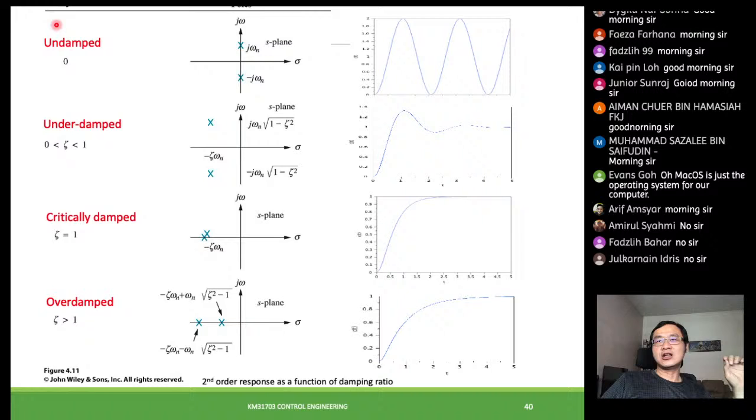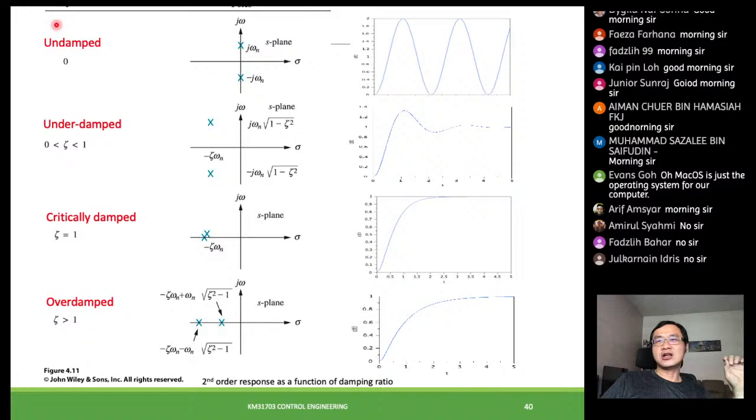Once we know this is 0.35, immediately we know that this is underdamped. It's not over 1, so it's not overdamped. Very straightforward. You can try it with these examples to test your understanding.